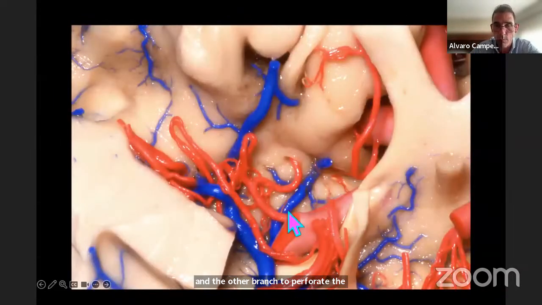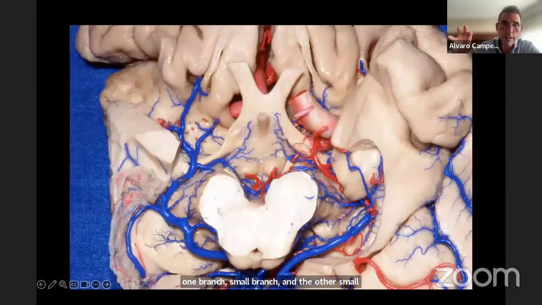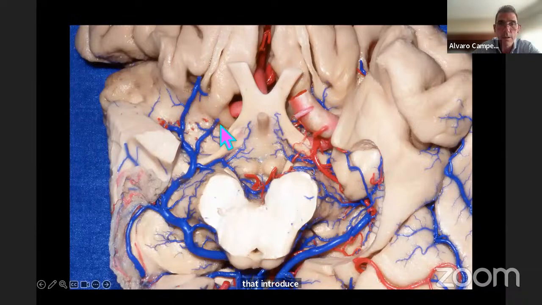We can see when they blow up. This is the recurrent artery of Heubner, and here it divides into one small branch and another small branch that enter this portion of the anterior perforate substance.